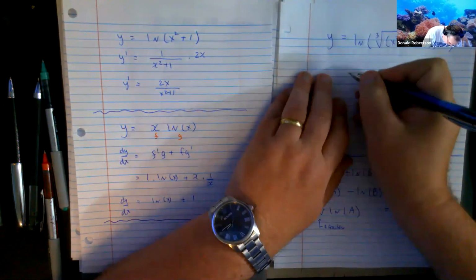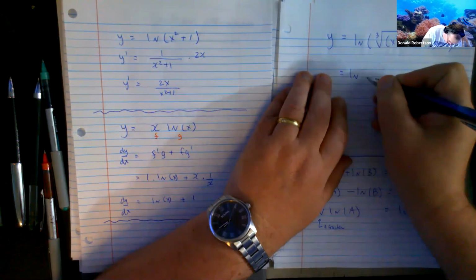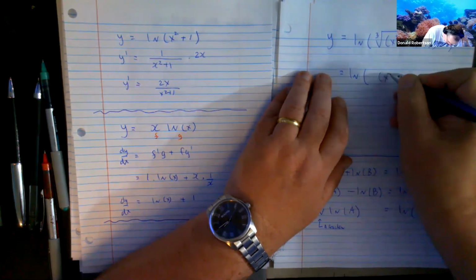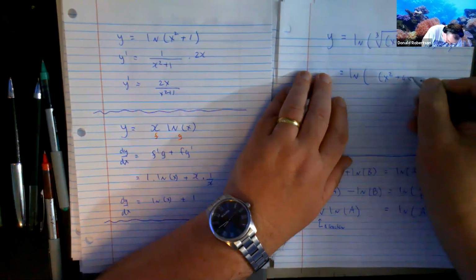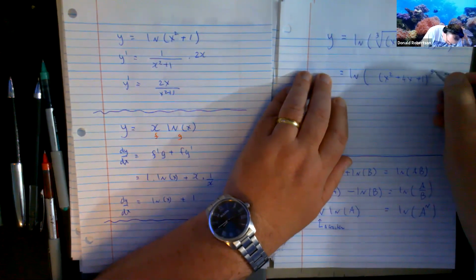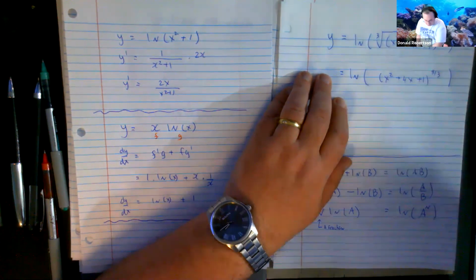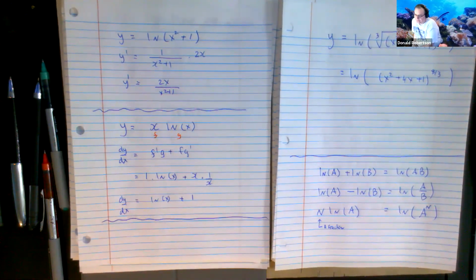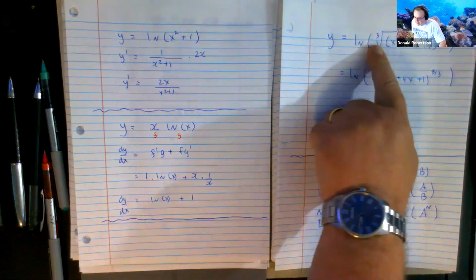So I'm going to go back to this question and I'm going to write it as x squared plus 4x plus 1, but not as the cube root of this to the 8, but to the 8/3 power. So you get a cube root of this as that guy.